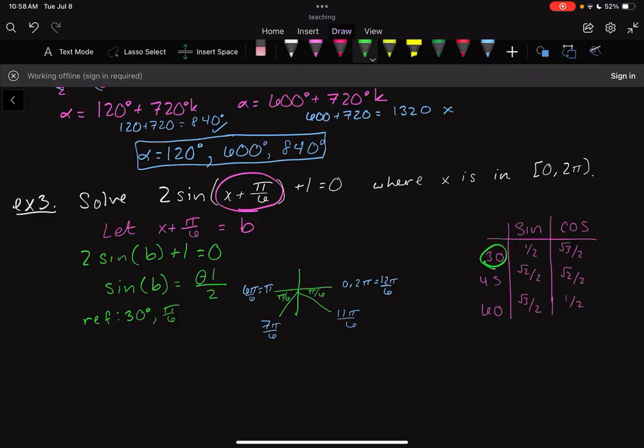So my answers here, I'm getting B is equal to 7 pi over 6 plus, don't forget the 360k, which in this case would be 2 pi k, because we're in radians, and 11 pi over 6 plus 2 pi k.